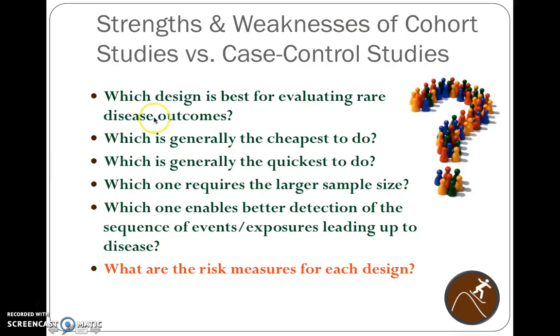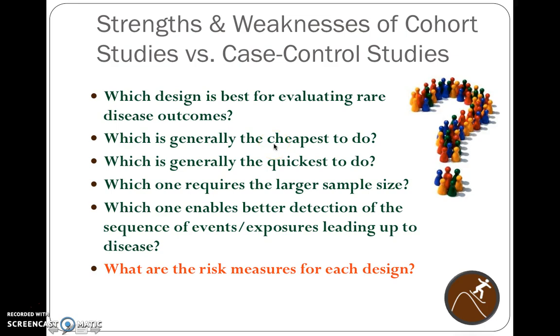For studying rare diseases, you'll see the case control studies are the best design. They're a lot better than the cohort studies and the cross-sectional designs. The cheapest types of studies to do are ecologic studies if the data are available, but they don't provide the best results. Then maybe cross-sectional and case control are affordable.